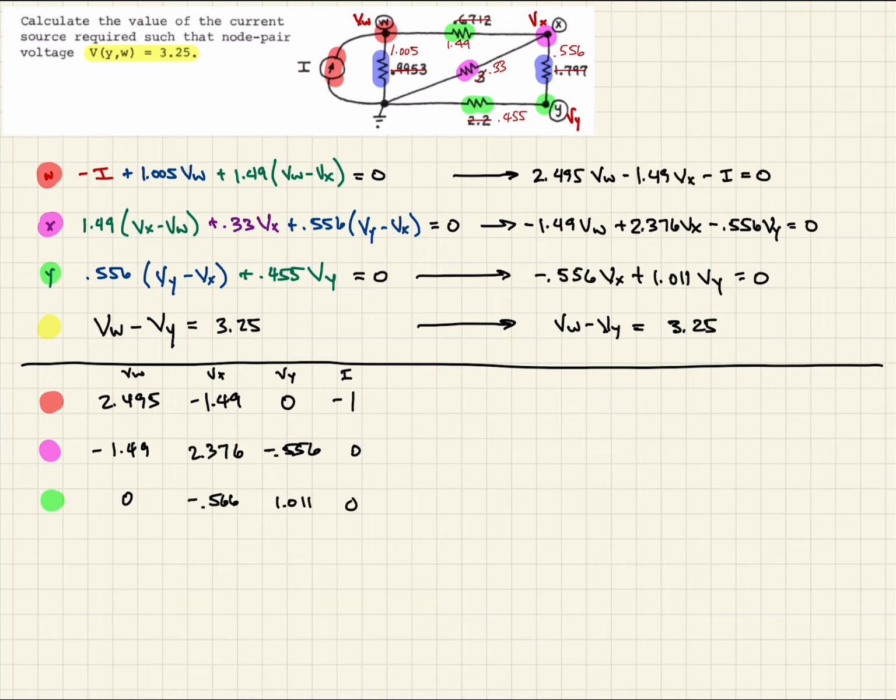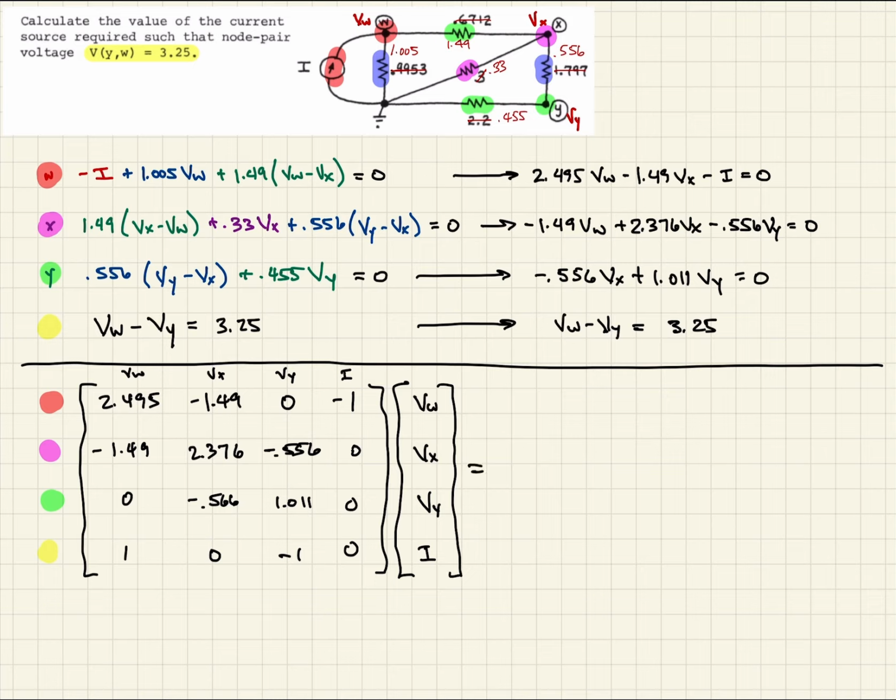And then finally, for the yellow, that's easy enough. That's 1, 0, minus 1, and 0. So here's our coefficient matrix. And again, this is going to be times VW, Vx, Vy, and I.